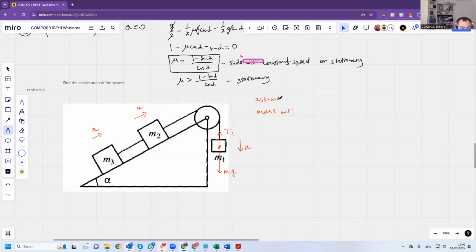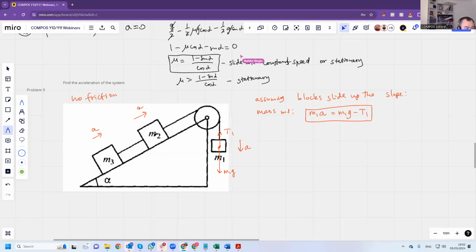Assuming the main blocks slide up the slope, and for simplicity, no friction. Mass M1: M1A is equal to M1G minus T1. That's Newton's second law for that mass.